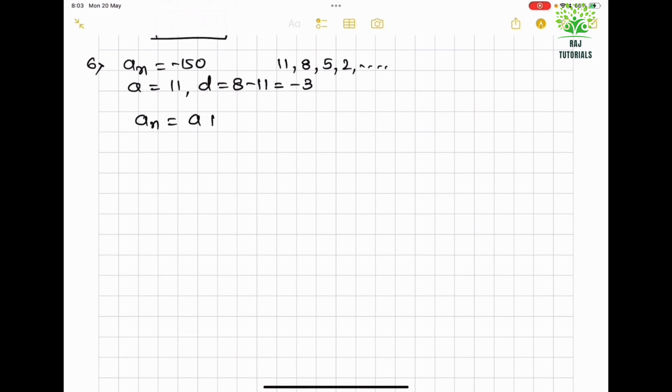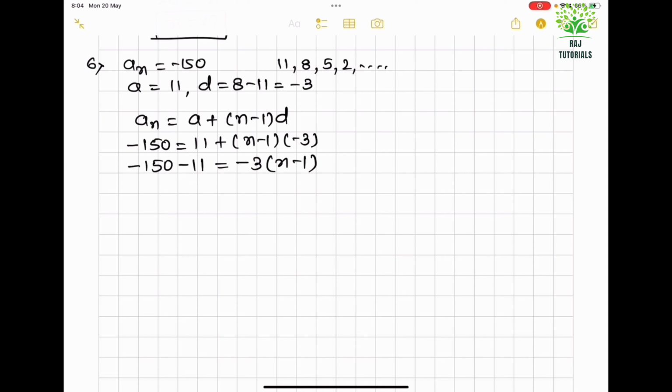So AN equal to A plus N minus 1 D. So minus 150 equal to 11 plus N minus 1 into minus 3. So minus 150 minus 11 equal to minus 3 into N minus 1. So minus 161 equal to minus 3n plus 3.